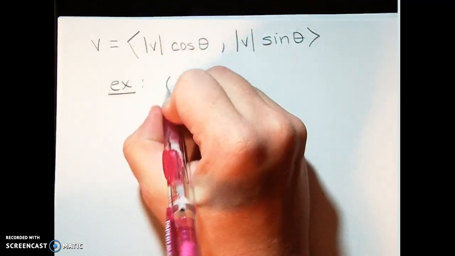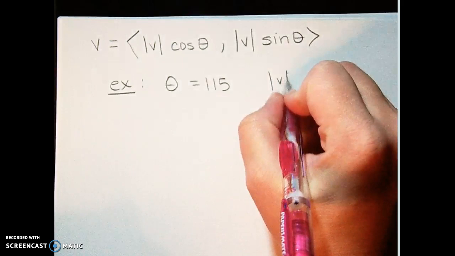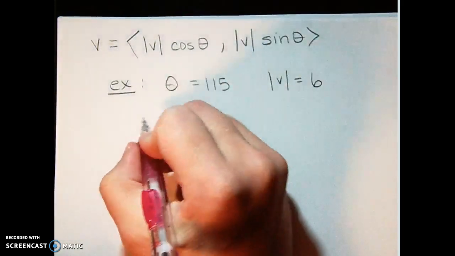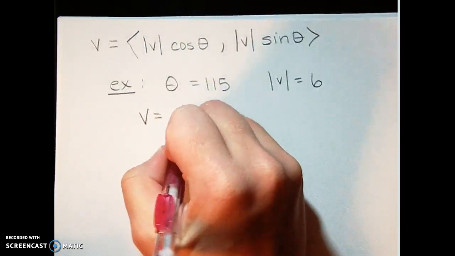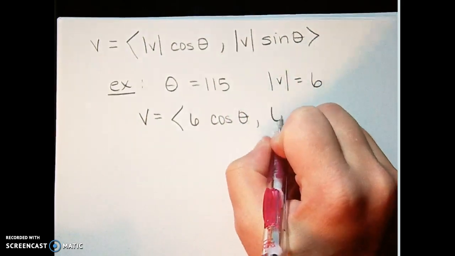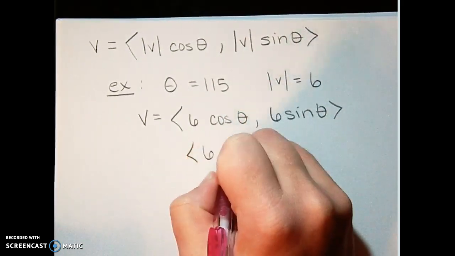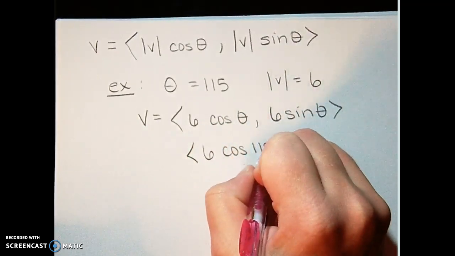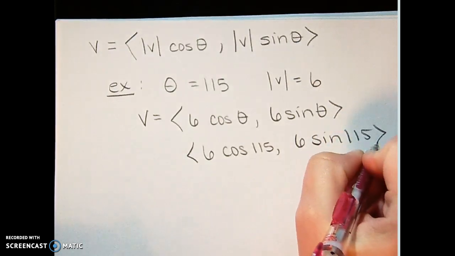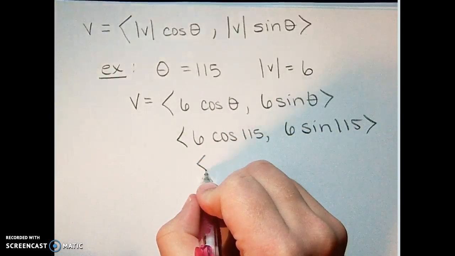If my theta is 115 and the magnitude is 6, it's quite simple. All you have to do is plug in your formula, 6 times the cosine of theta, 6 times the sine of theta, which would be 6 cosine of 115, 6 sine of 115, and type it in the calculator, because 115 is not a special angle.